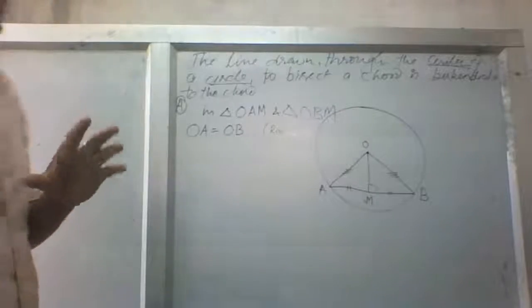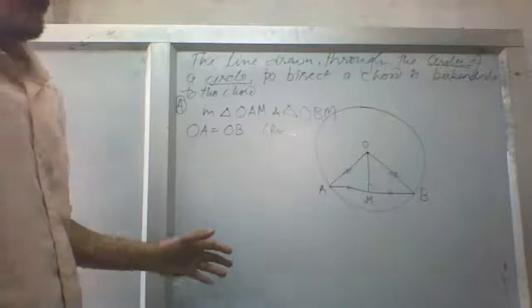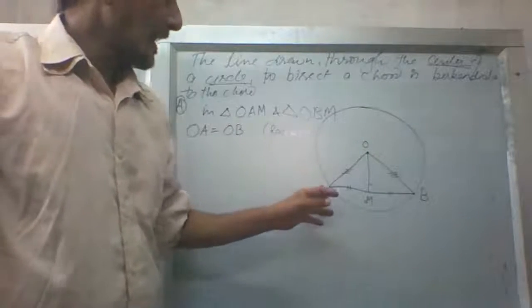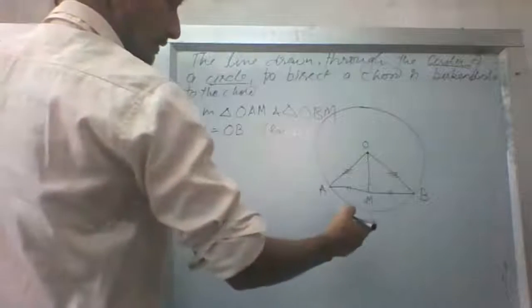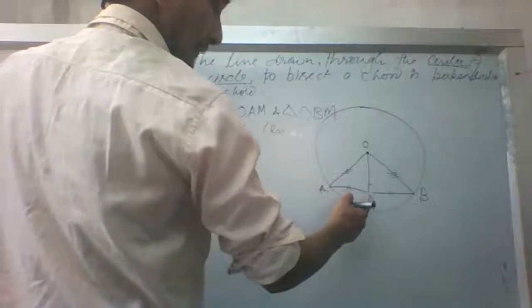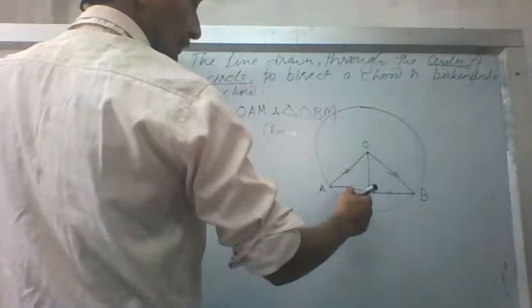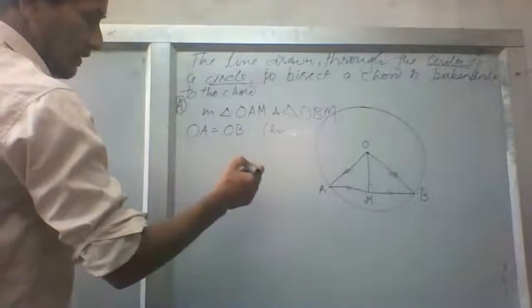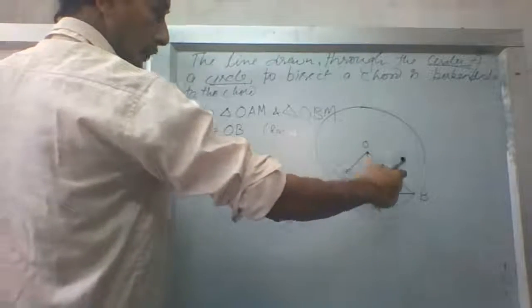Radius. First thing you have mentioned. Now, AM is equal to MB. Or if I am using the M in the second point, then I again have to use the M in the second point. It was OA, OA, OB.